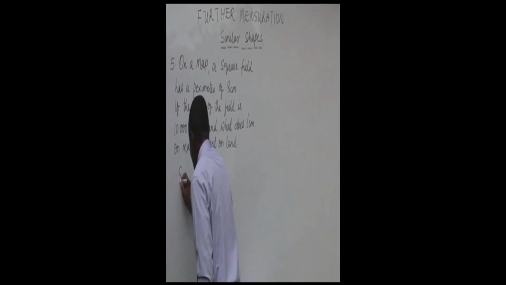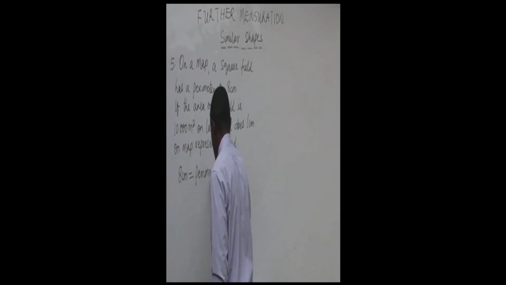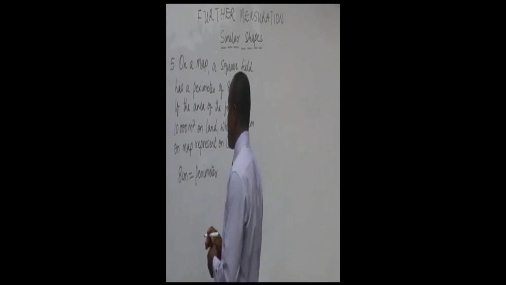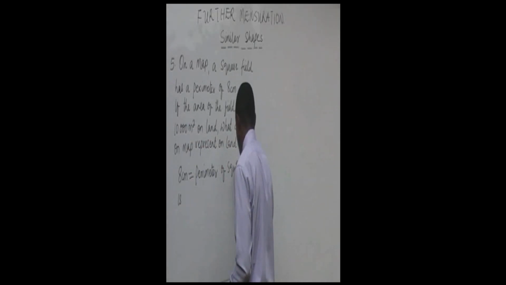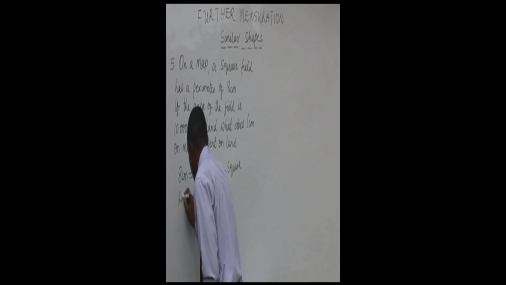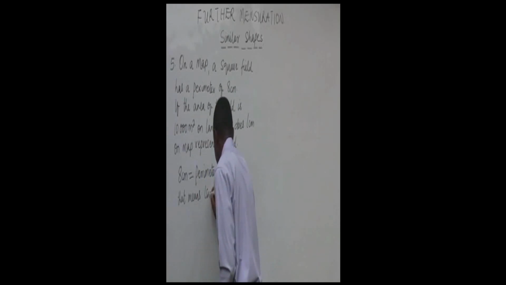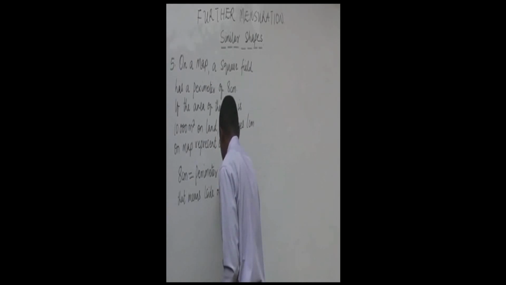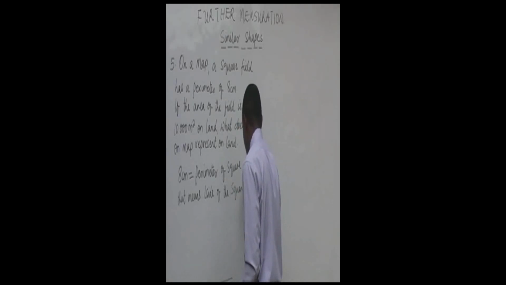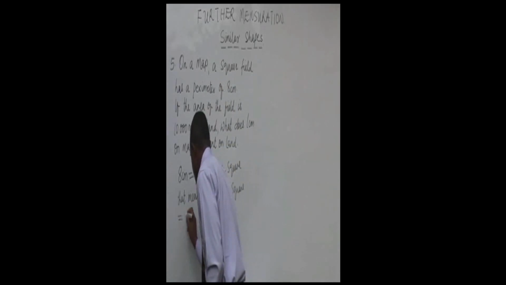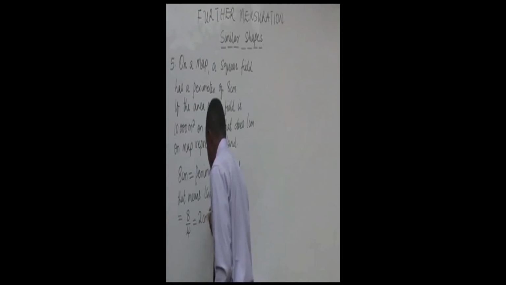If 8 centimeters is the perimeter, one side of the square will be 8 divided by 4, which is 2 centimeters.